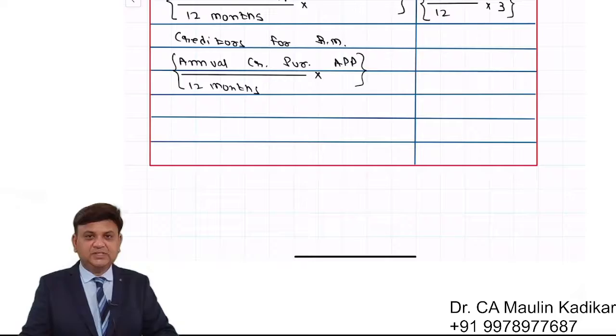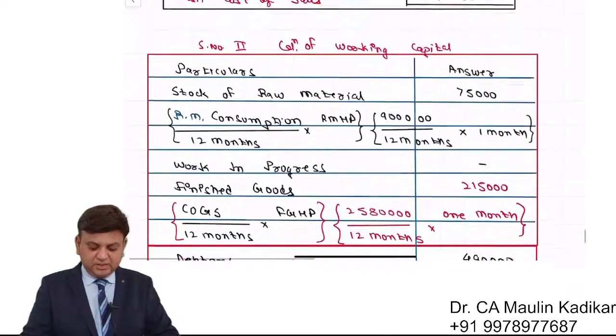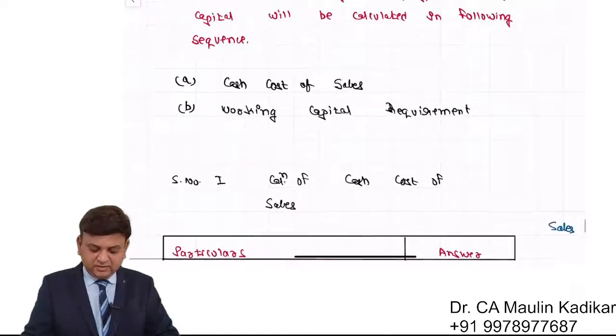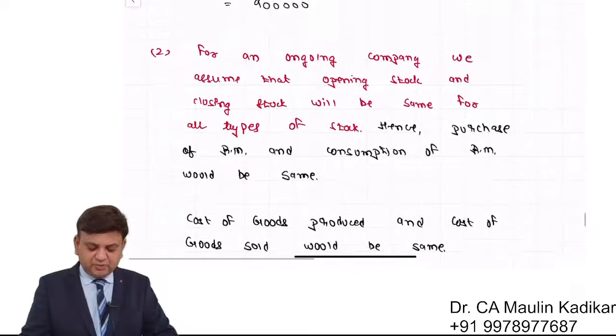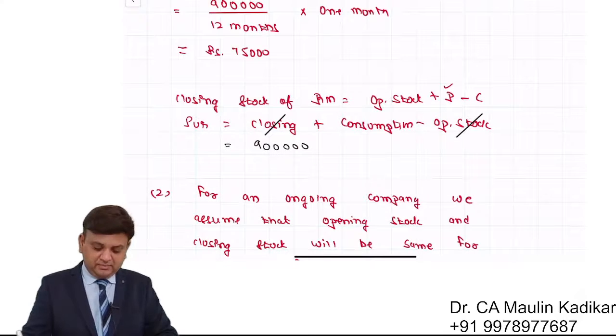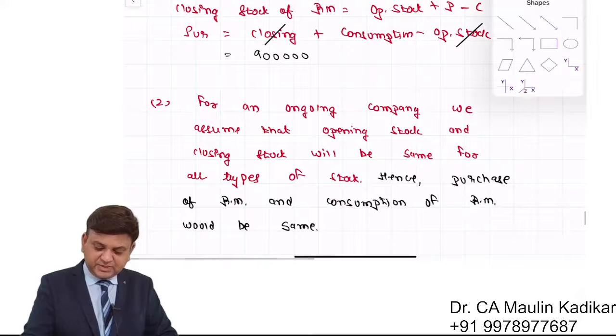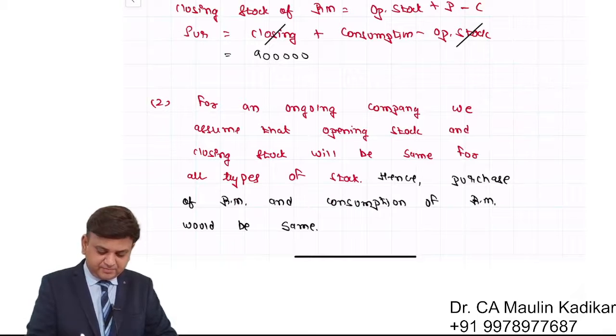Dear students, we have just understood that for an ongoing company, we have an assumption that opening stock and closing stock would be same. That is the reason the purchase will be equal to the consumption.